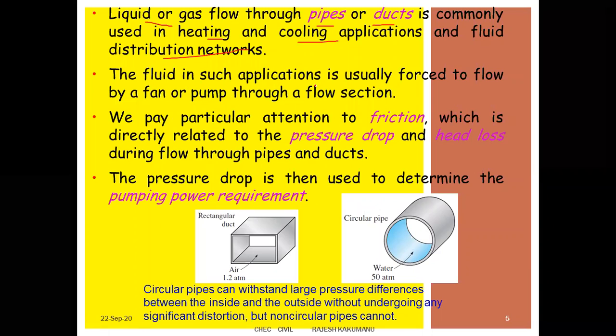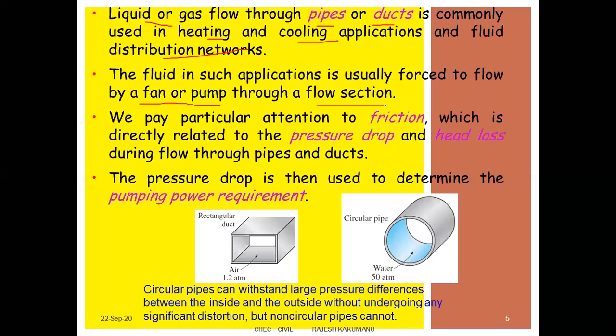The fluid in such applications is usually forced to flow by a fan or a pump through the flow section. Generally, if we have gravity, then by using gravity pressure you can directly use the flow through the pipes. With the gravity concept, the fluid automatically moves from the top section to the bottom section.